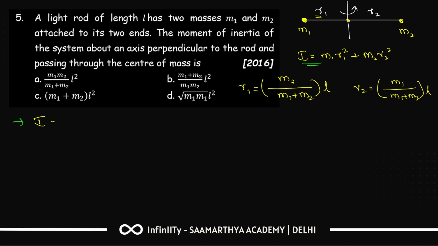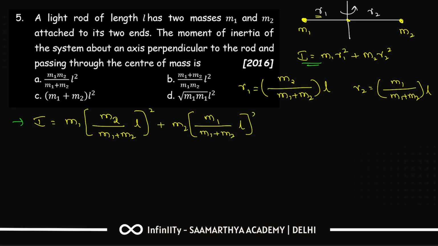I is equals to m1 r1 square, r1 की जगह पे आएगा m1 by m1 plus m2 into L का whole square plus m2 into m1, this is m2, m1 by m1 plus m2 into L का whole square.